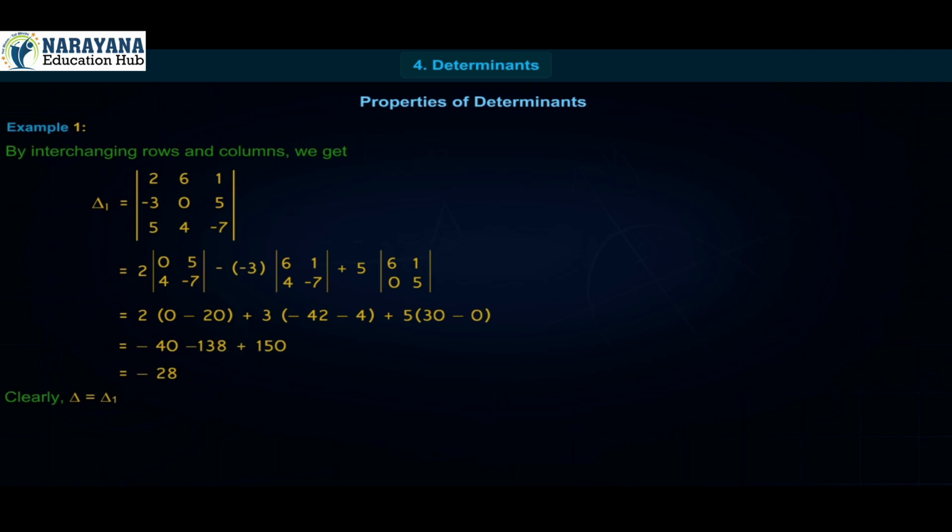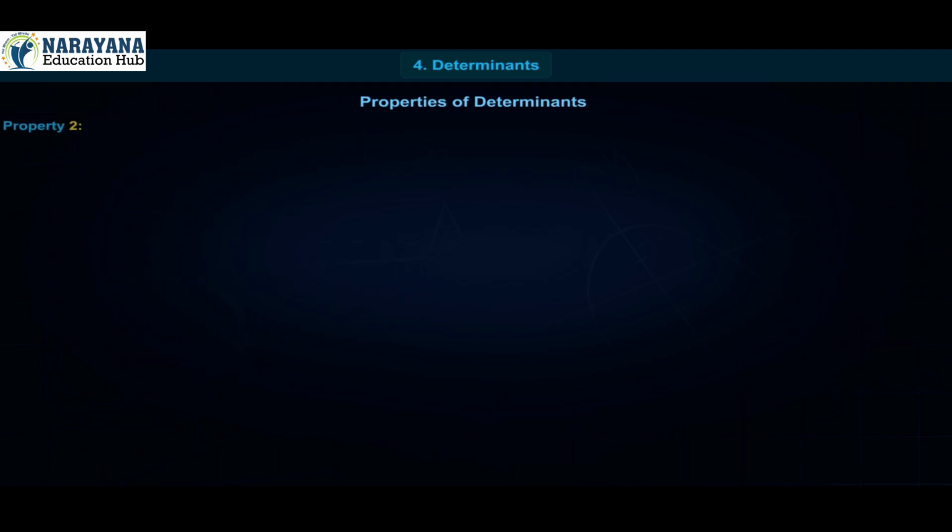Clearly, delta is equal to delta 1. Thus, property 1 is verified.